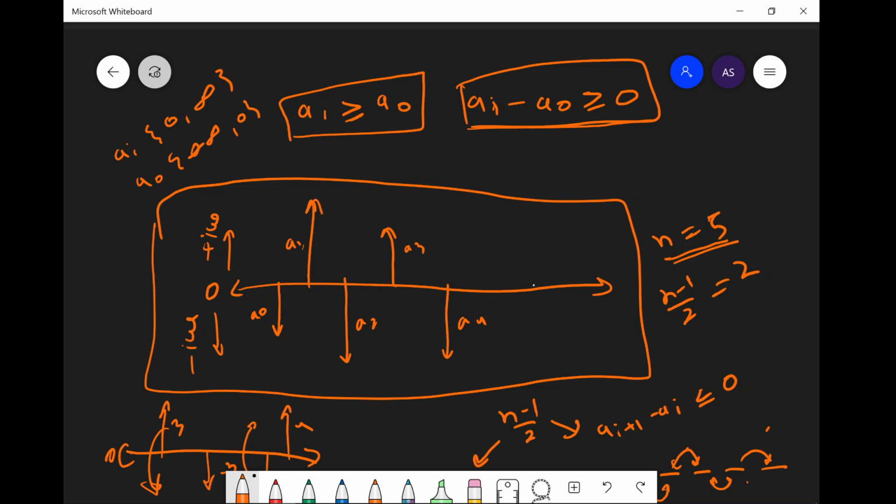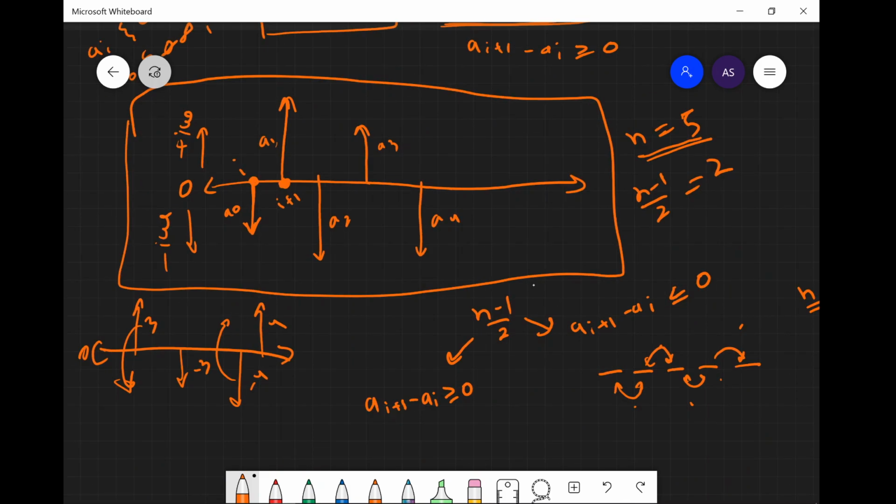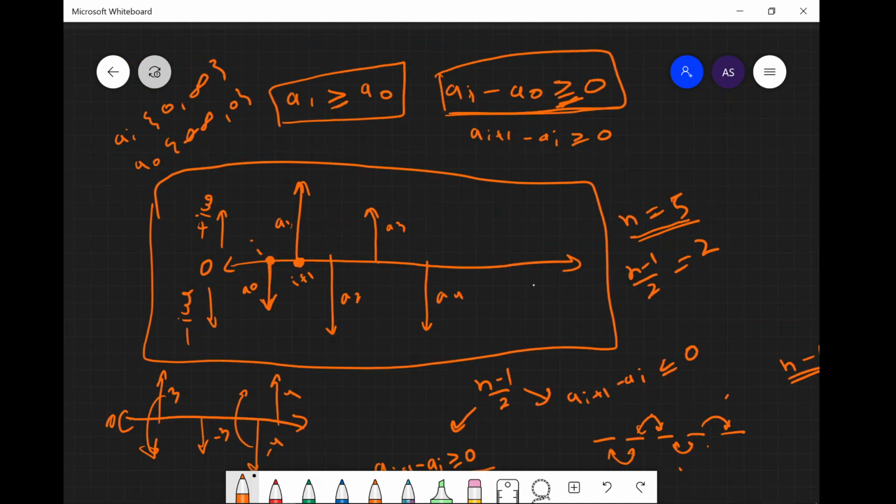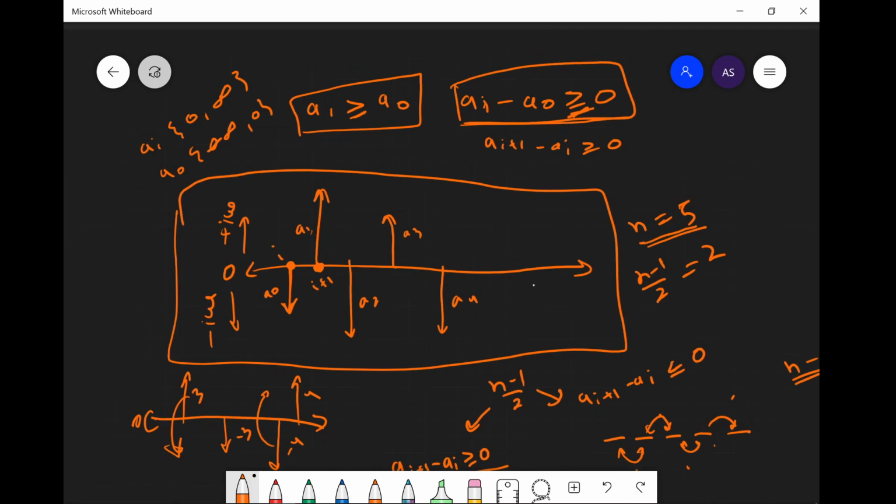If we have some positive number and some negative number in this arrangement, then this position minus this position would always be greater than or equal to 0. And if we consider this as i plus 1, then a(i+1) minus a(i) would always be greater than or equal to 0, which was required by us according to this condition. So if we follow this arrangement, then we have satisfied the first condition.